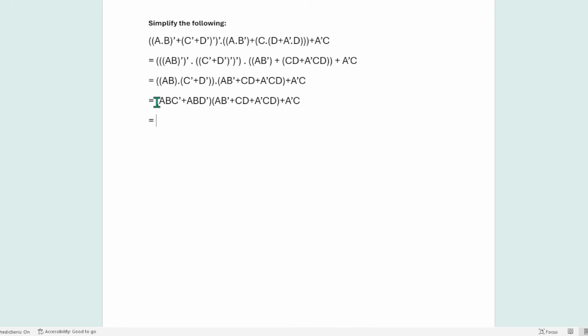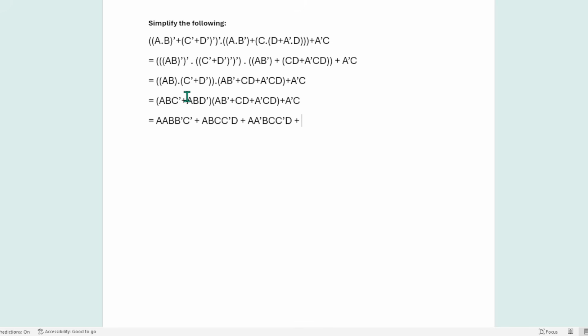Now as you can see, we got two terms over there, and I can just multiply these two terms. If I multiply them, then it becomes a b b prime c prime for the first one. Next a b c c prime d. Next a prime b b prime c prime, then a prime b c c prime d.